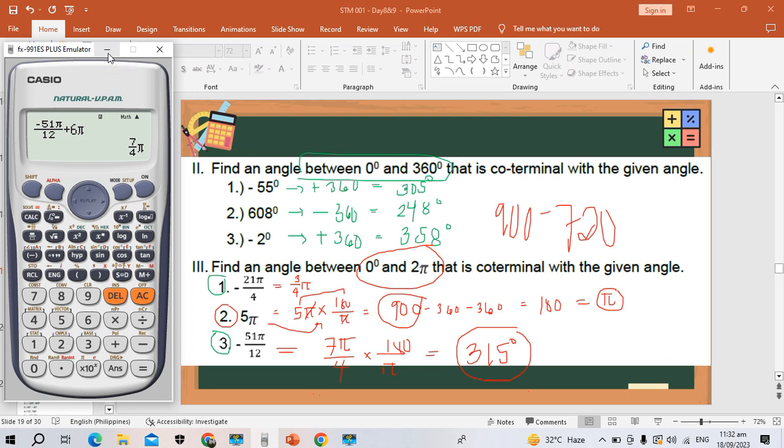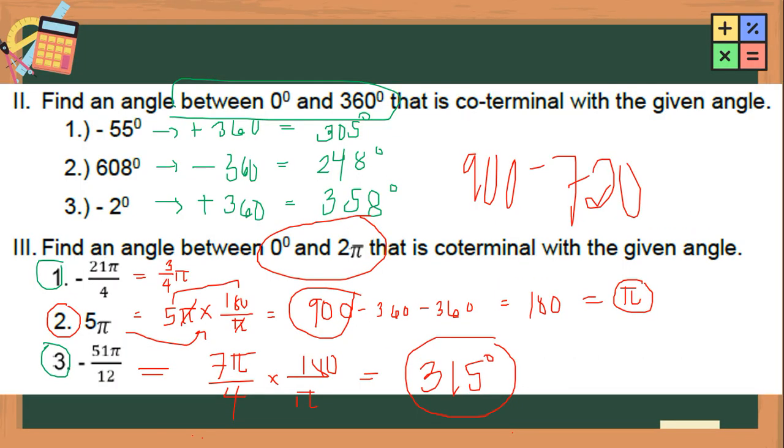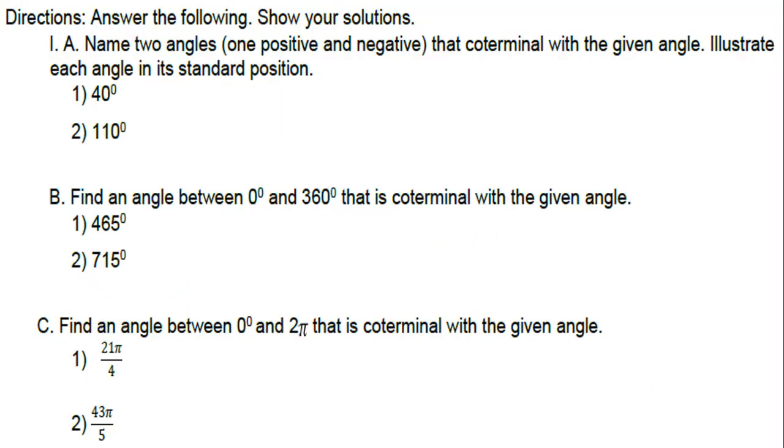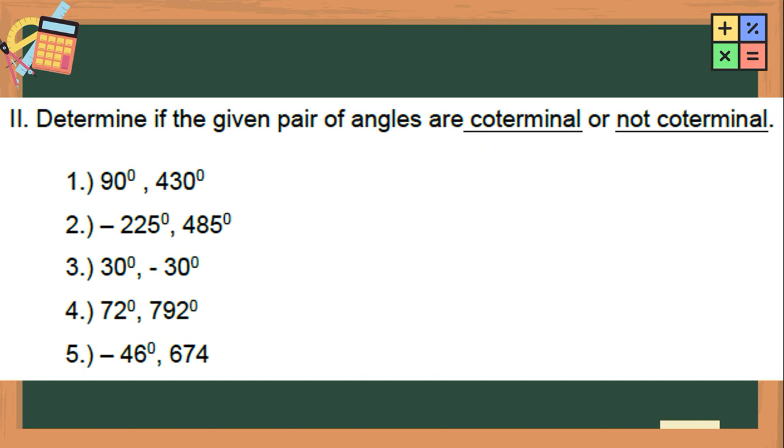Kasi in degrees, mas matitiyak mo na tama yung sagot mo. Yun yung madalas na ginagamit natin when it comes to RCS, given the measurement of the degree. Kapag naka-radians, hindi mo pa matansya. Parang yung 21 pi all over 4, hindi mo alam kung exact value niyan into degrees, di ba? So, next.